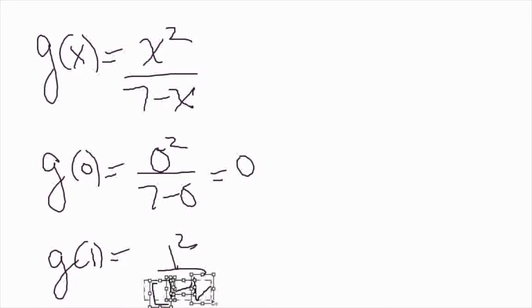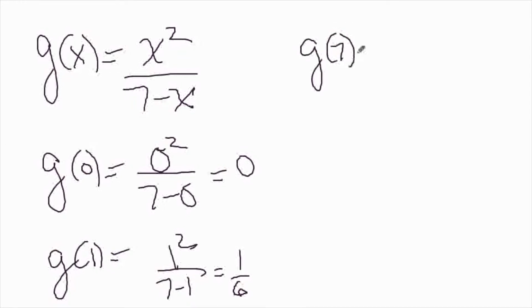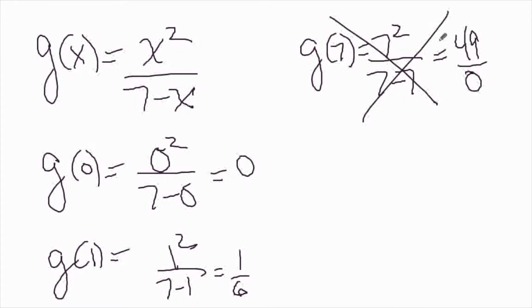Well, remember, the problem is not 0 itself. The problem is having a denominator of 0. Can you think of a number that would give a denominator of 0? That means that 7 minus x would have to be 0. What about g of 7? That's going to give division by 0. See that? So the domain can be limited in different ways. The goal, of course, is to avoid dividing by 0.